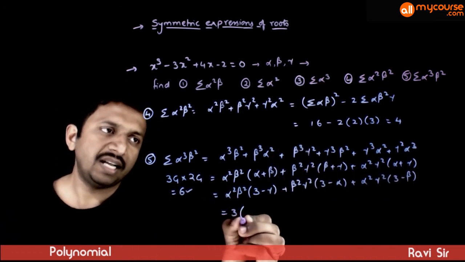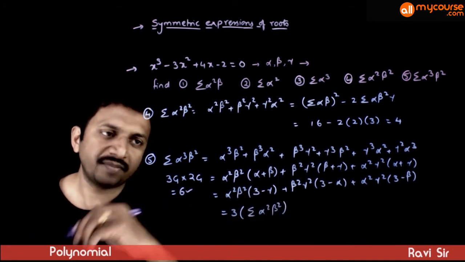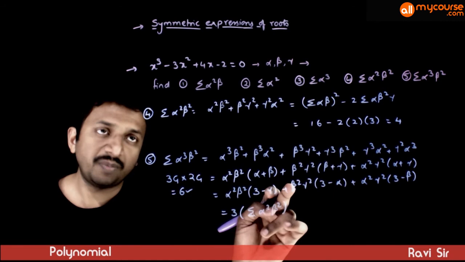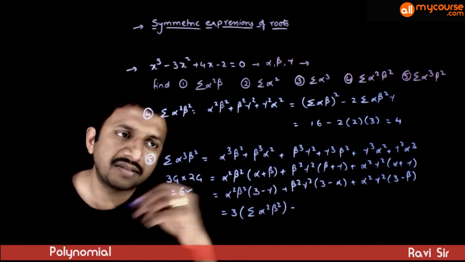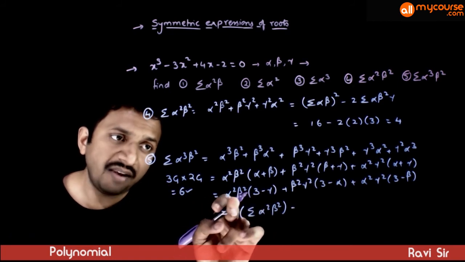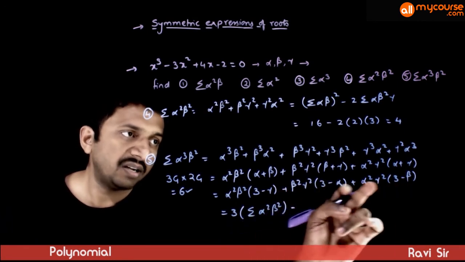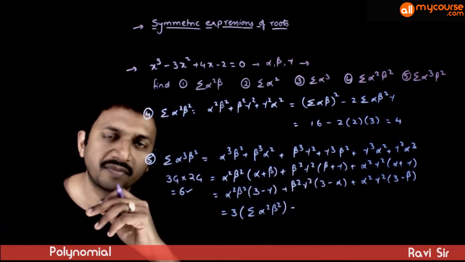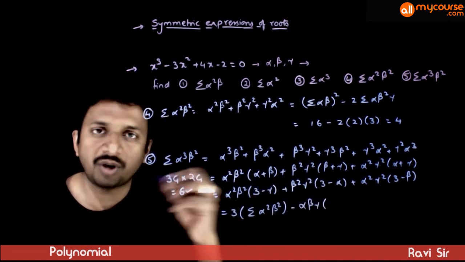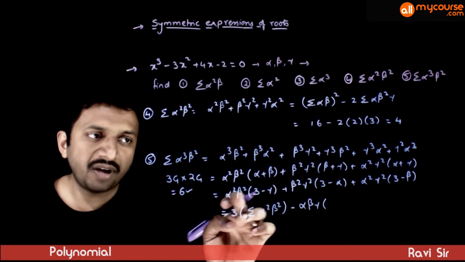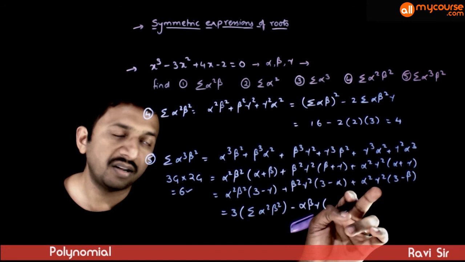That is equal to 3 times sigma alpha square beta square, right? 3 times alpha square beta square plus beta square gamma square plus gamma square alpha square minus, as you can see, alpha square beta square gamma, alpha beta square gamma square, alpha square beta gamma square. If you take each of these terms, you can take alpha beta gamma as common in each of them. So taking alpha beta gamma common, you get alpha beta here, beta gamma here, gamma alpha here.